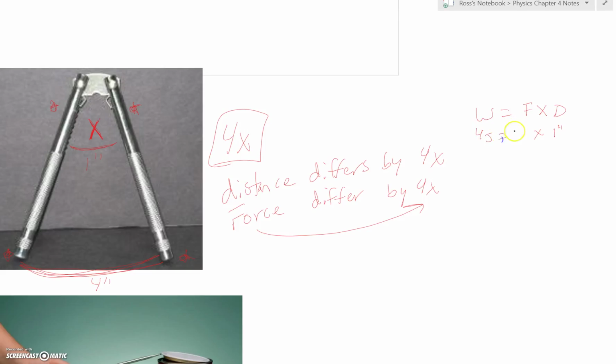That would mean we'd have to apply a force of 4 newtons. If instead we are going to have 4 inches of travel, we can actually just put in 1 newton of force. So see how there's a difference in force between these two of 4 times? That's in the ideal world. So you now only have to apply a fourth of the force because you're traveling 4 times the distance, which is much easier.